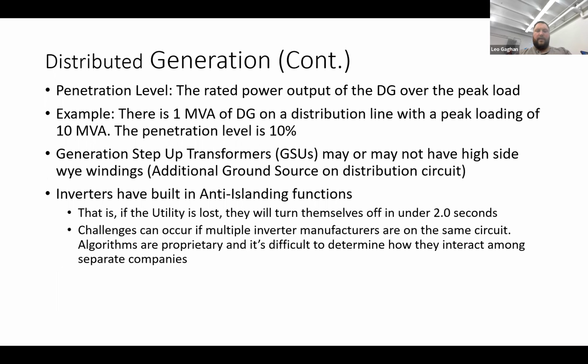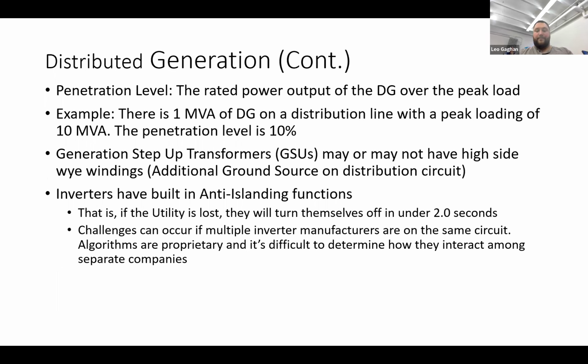Whenever we go to a distribution circuit that has inverter-based generation, we make that assumption. If a fault happens and we are able to trip off that distribution circuit, that inverter will shut itself off on its own within 2 seconds.